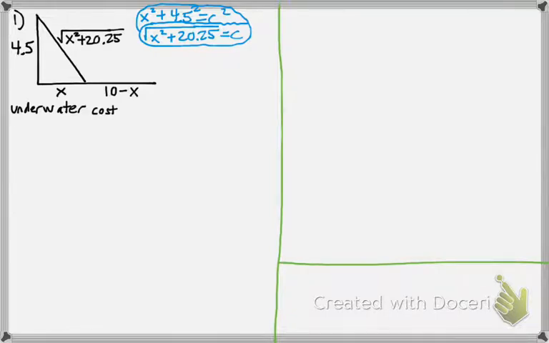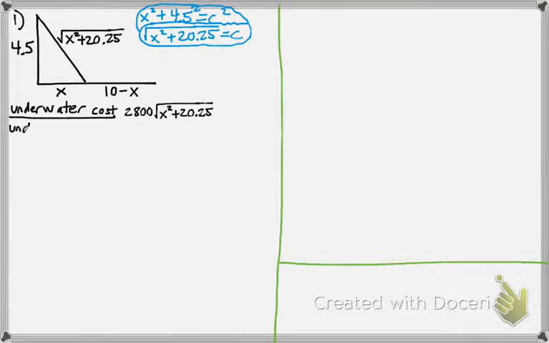So I know that it is 2,800 per mile, and I know that it is going to be the square root of x squared plus 20.25 miles. So that'll be my underwater cost.